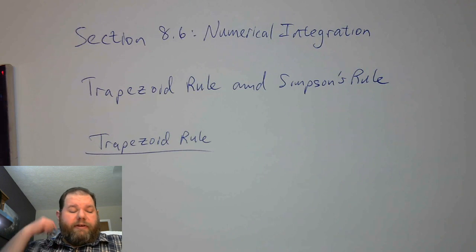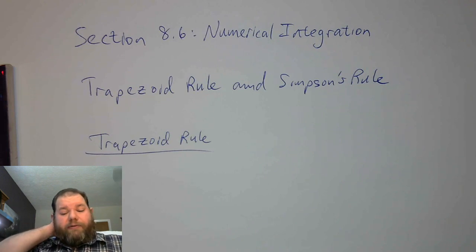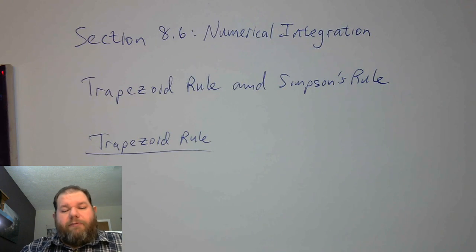So ultimately, these types of problems where we would need to use the trapezoid rule and Simpson's rule do not really work with the approaches that we used with Riemann sums before.